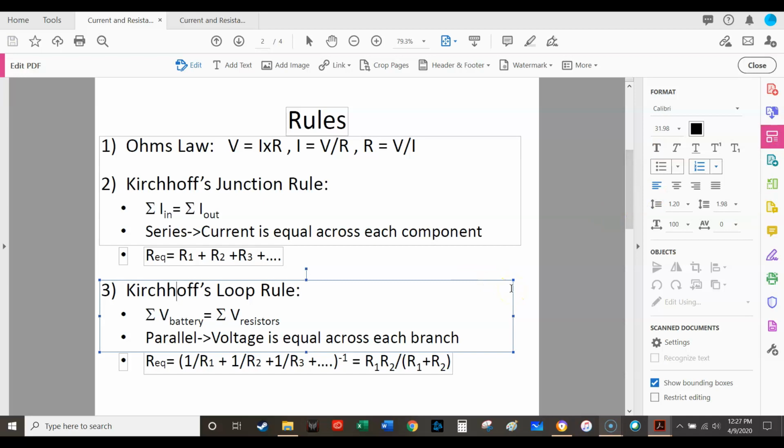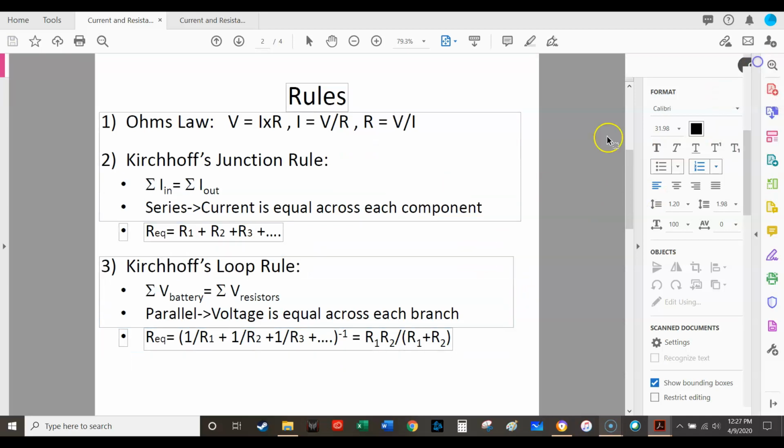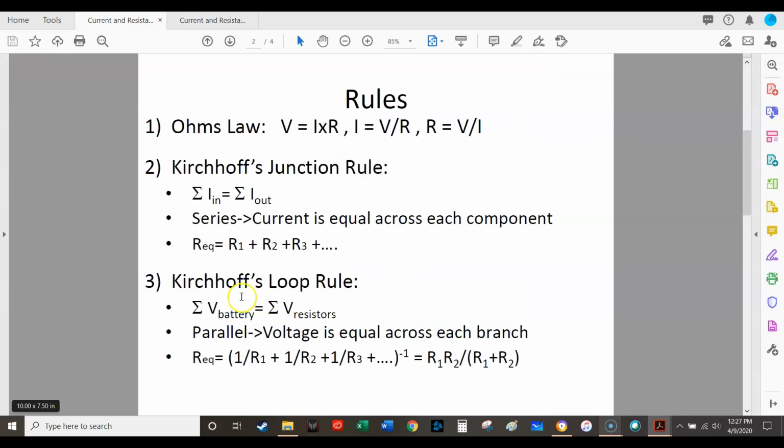All right. Kirchhoff's loop rule is this. Within one loop, the battery produces voltage and the resistors consume that voltage, right? So the consequence of that is that if you know the voltage across one parallel branch, that'll be the voltage across the other parallel branch.